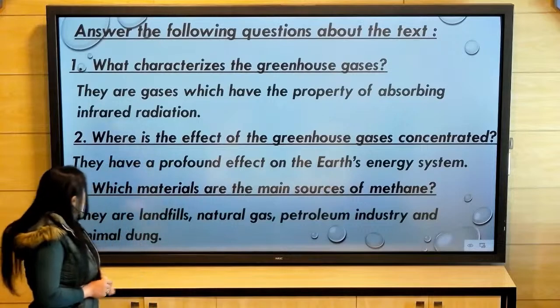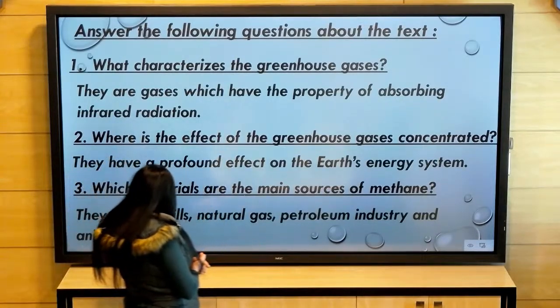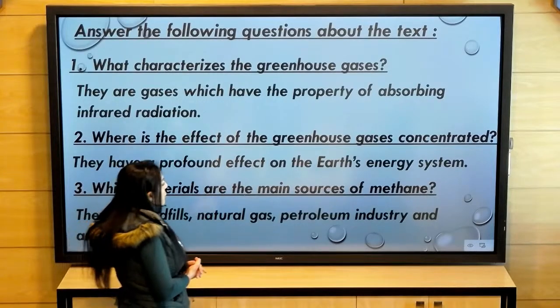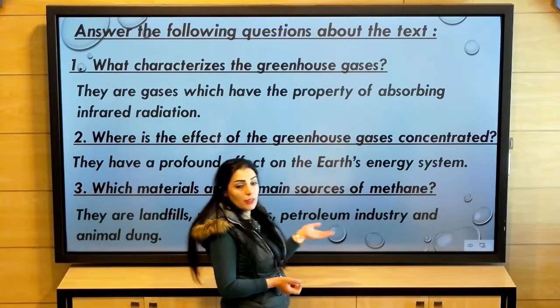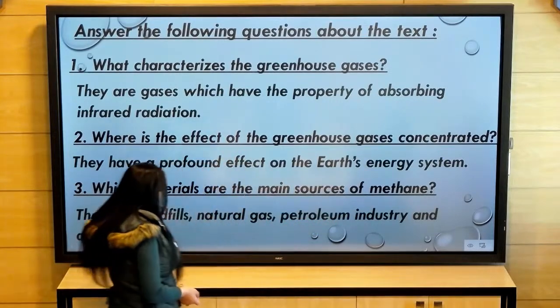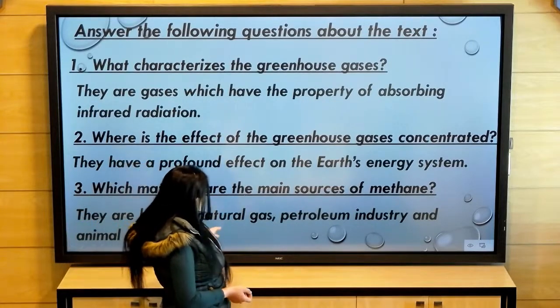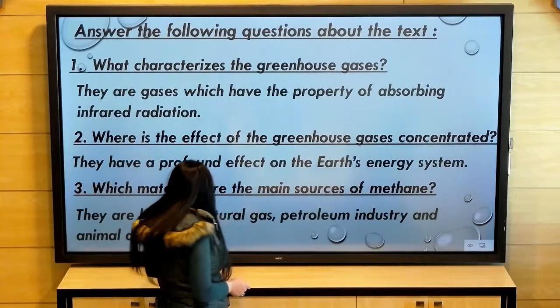Number 3, which materials are the main sources of methane or CH4? They are landfills. So what are the emitters that methane is released from? It's released from landfills, natural gas, petroleum industry, and animal dung.